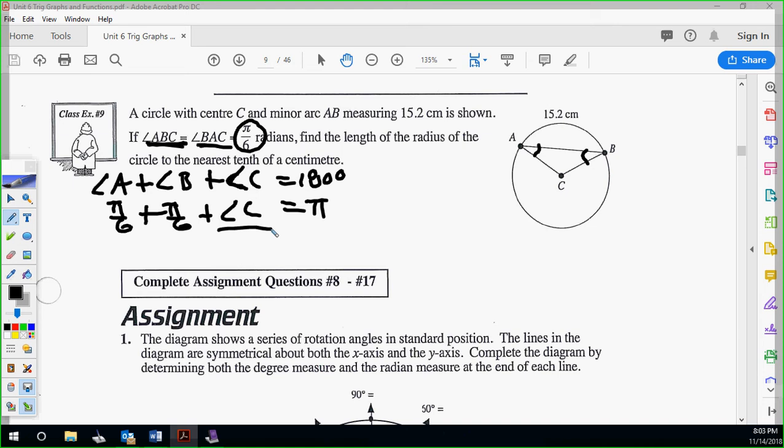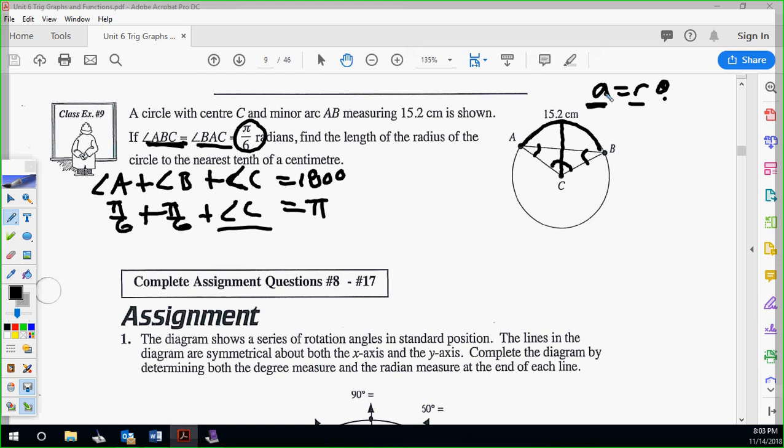Now if you're asking, well, why are you doing this? That's a good question. The reason is because we need this angle. We have the arc length. We're trying to figure out the radius. So we're coming back to A equals r theta. We're trying to find r. We already have A, and we're trying to get the angle that makes A. So we're trying to figure out angle C right now.